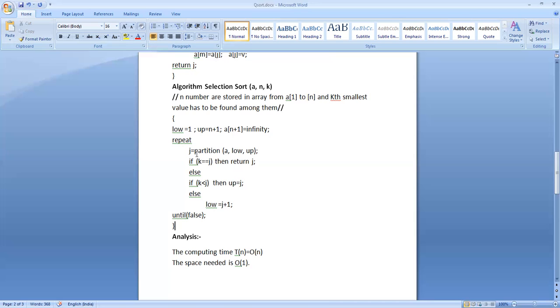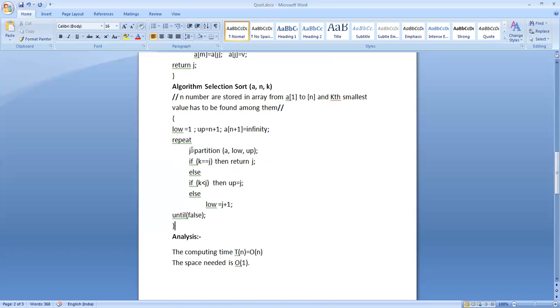Then values that are greater than the partition value are available from A of j plus 1 up to A of n plus 1, and the value in A of j is in the right location of the sorted sequence.